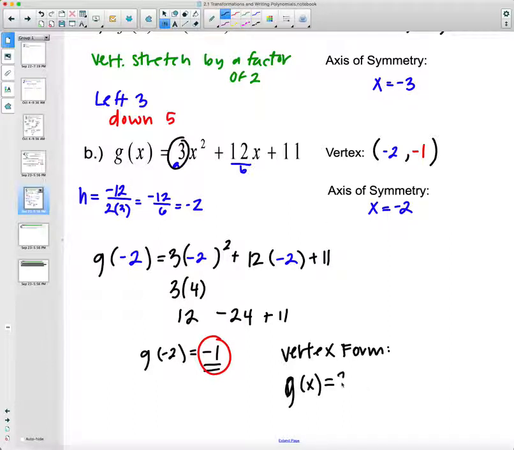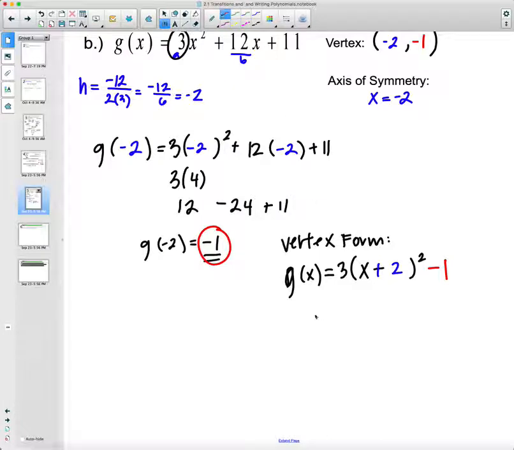So your a value is 3, and then times x minus the h coordinate squared. Okay, so the h coordinate or the x value of your vertex is -2, so I'm going to plug in -2 here. And then plus that y coordinate of the vertex, so in this case it's -1.